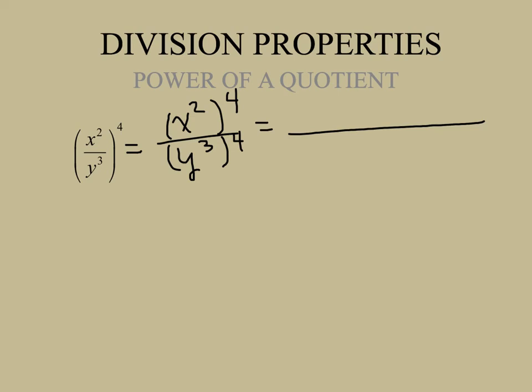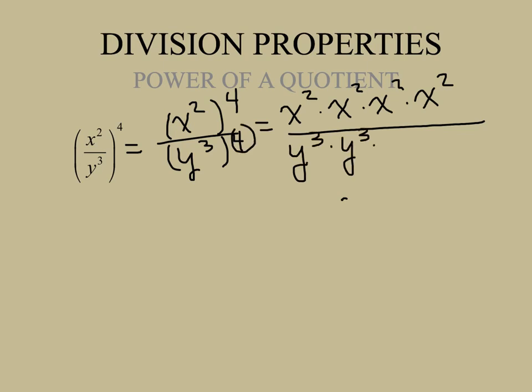Since this outermost exponent is a 4, we write x to the 2nd power 4 times: x to the 2nd times x to the 2nd times x to the 2nd. And in the denominator, we write y to the 3rd power 4 times.